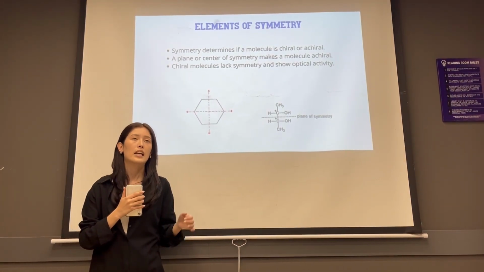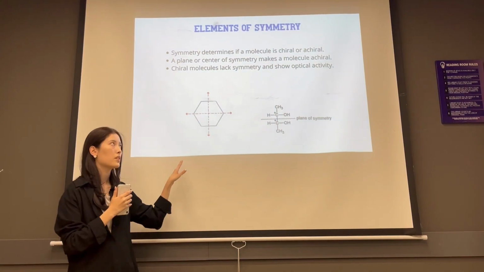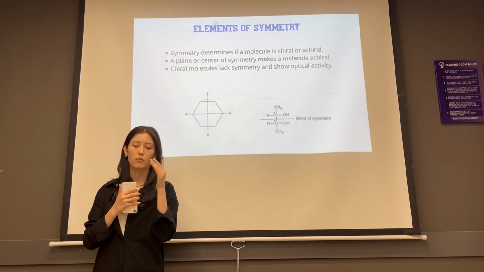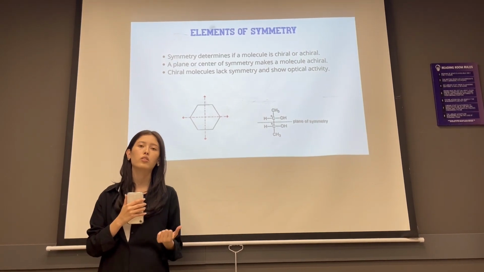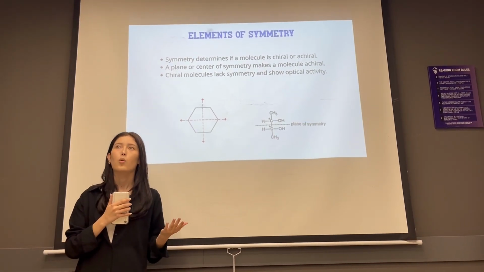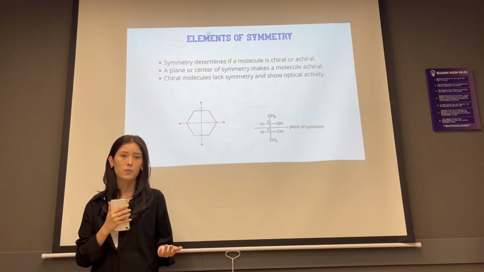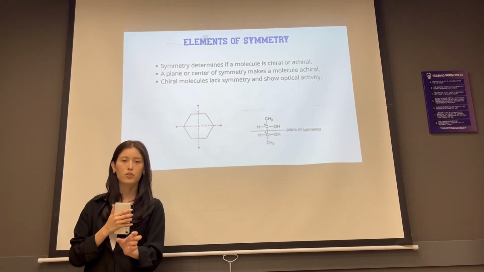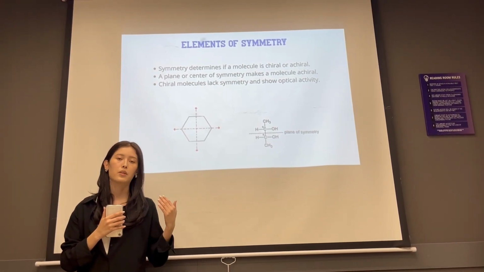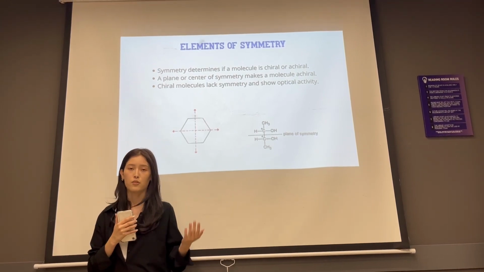So if none of these elements are in the molecule, we can say it's a chiral molecule. Chiral molecules, which we can also call enantiomers, are used in pharmacy because from one compound you get two enantiomers that can affect our body differently.